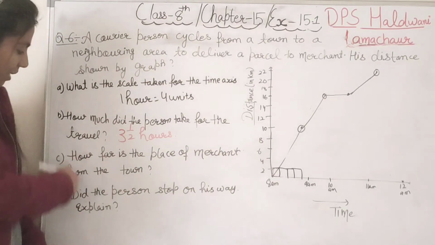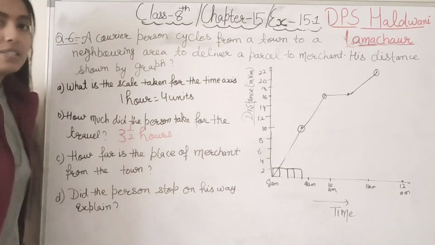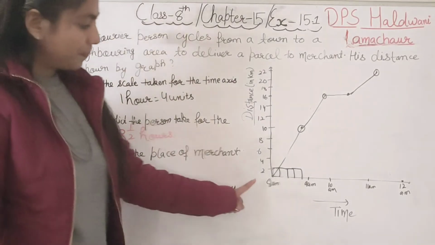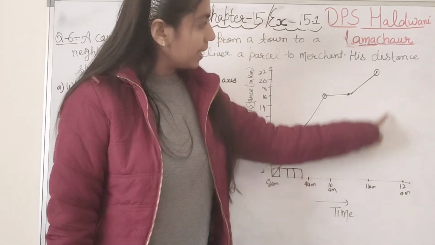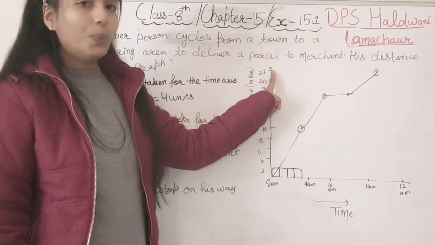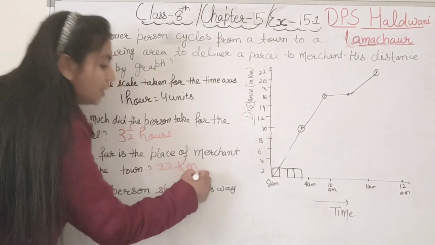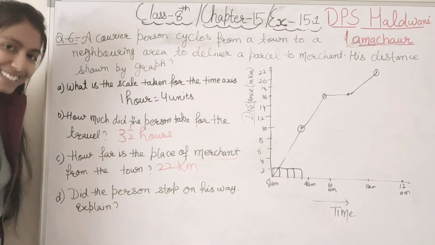Right student? Now C part, how far is the place of the merchant from the town? How far? See, how much distance did he travel? The last point, up to here he traveled. The last point is at 22. It means 22 kilometers far, right student?